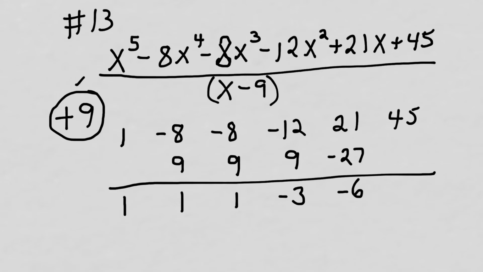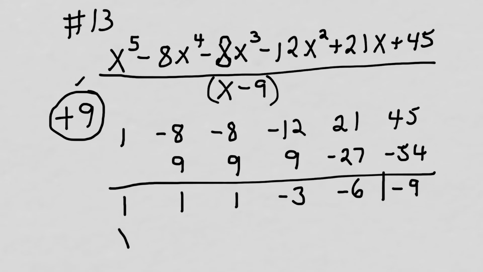Then 9 times negative 6 gives us negative 54, which gives us a total, when you add it to 45, of negative 9. That negative 9, as you need to remember, is our remainder. So let's go ahead and write this down.